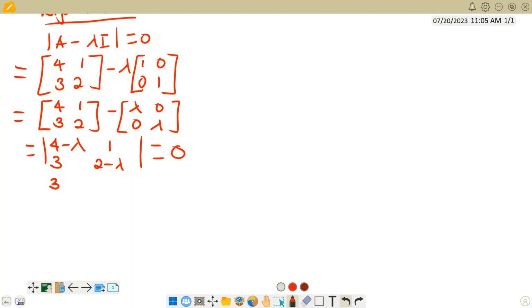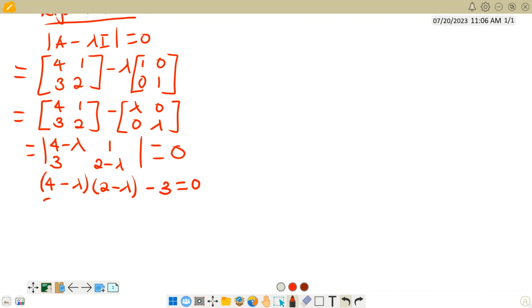So this therefore will be 3 minus lambda multiplied by 2 minus lambda, minus 3 times 1, which is just a 3, and this should equal 0, right? So now we're going to open the brackets. Actually it's supposed to be 4, not 3. It's supposed to be 4 minus lambda. Okay, yeah, so we open the bracket.